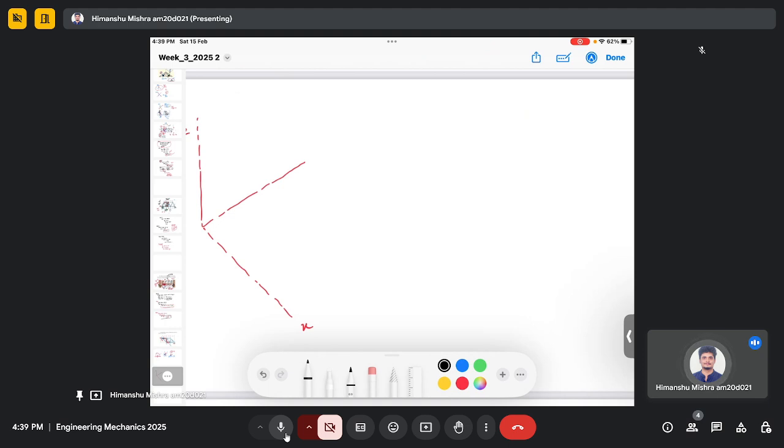We have a body here. Say this is G, which is the center of gravity in which the weight is acting. If you consider a very small element from this body, it will experience a small force, dw. And w is the weight, which is basically mg. So the location of this weight can be traced out in this curve.